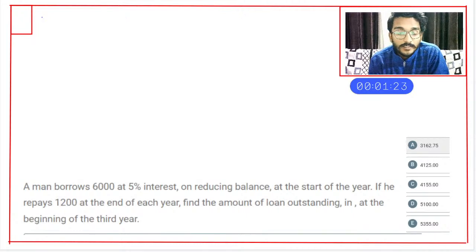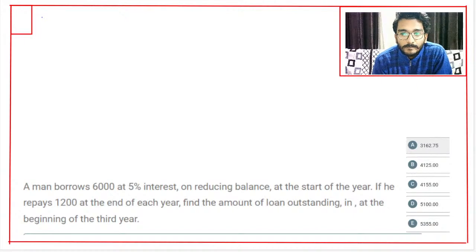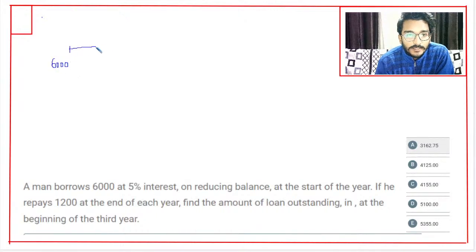All right, so let's start the question now. So in this question, there is a man who borrows 6,000 rupees at 5% interest. So let's suppose he borrows 6,000. At 5% interest.